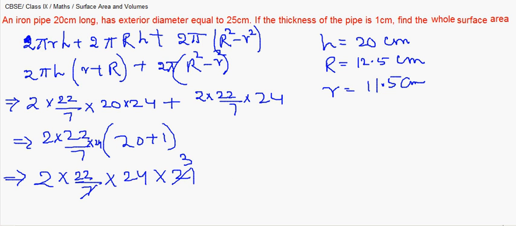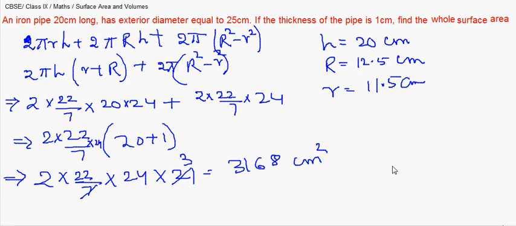So now it has come down to 24 into 3 into 22 into 2. That's giving me 3168 centimeters square. This is the whole surface area of the pipe with the given dimensions.